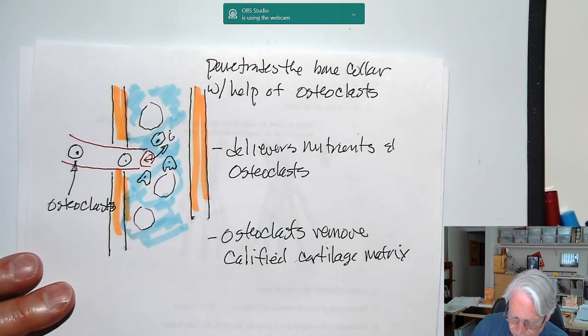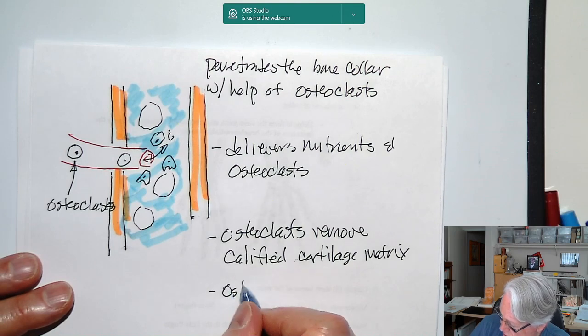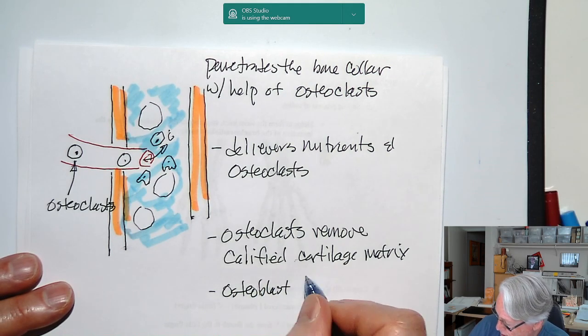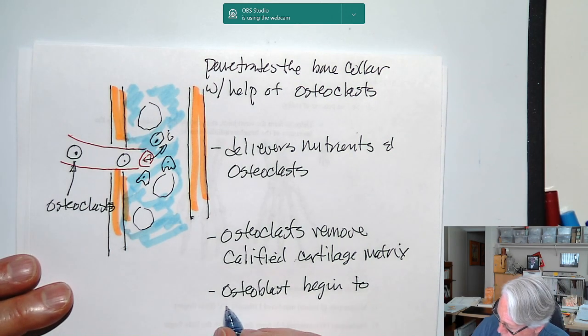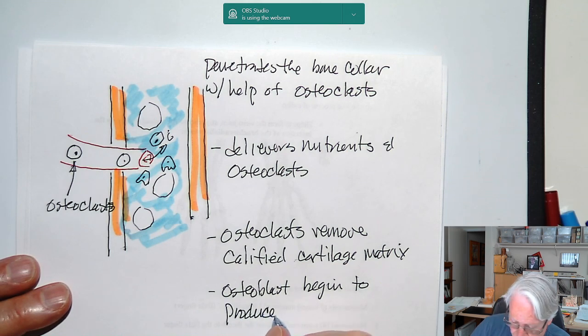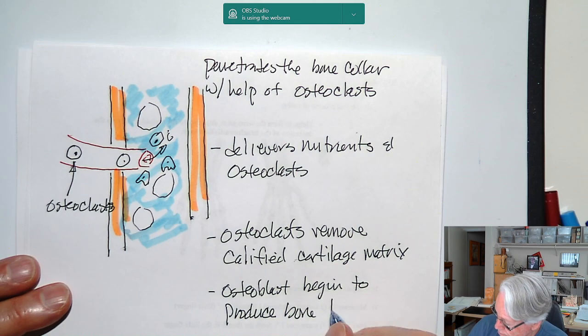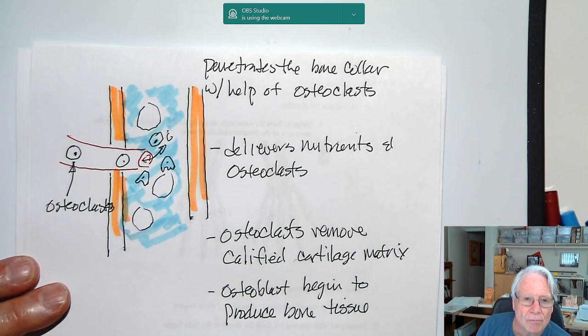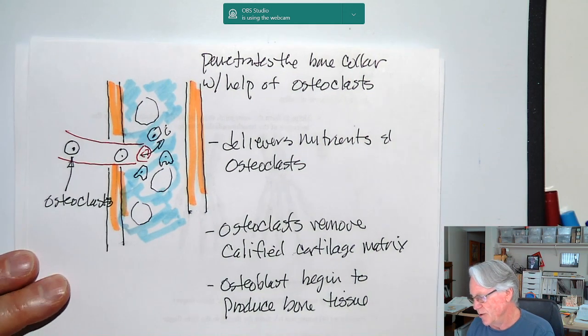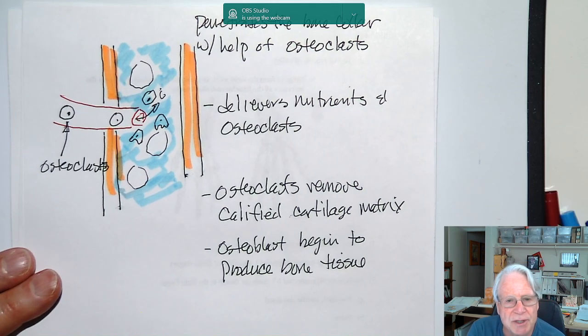And osteoblasts begin to produce bone tissue. So the removal of the calcified cartilage, the entry of nutrients provides for the osteoblasts the necessary resources for them to begin to build the bone tissue. Okay.